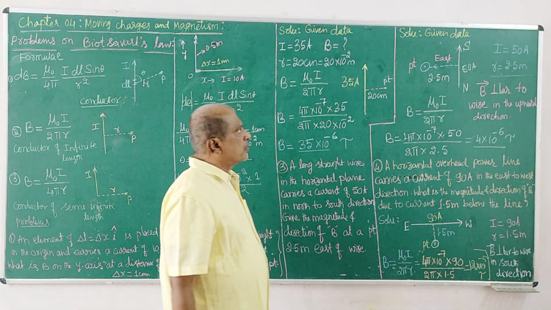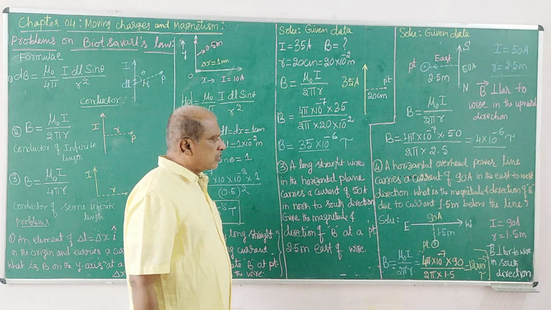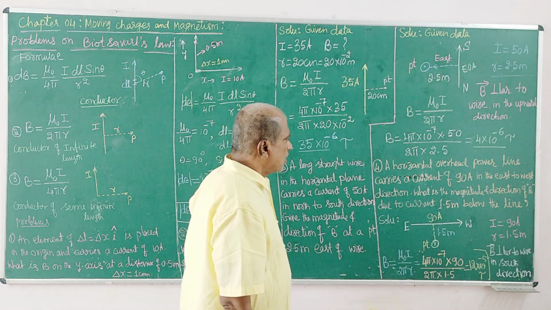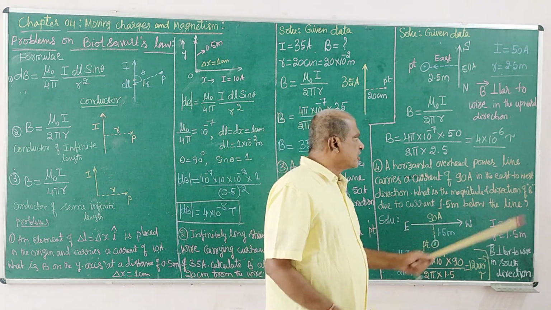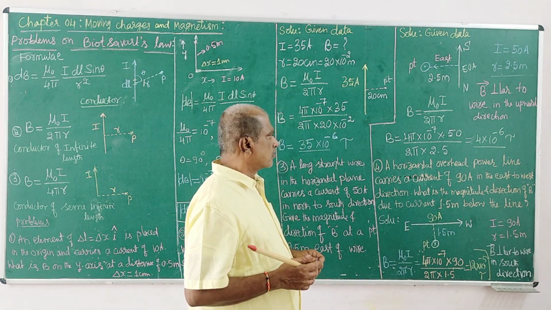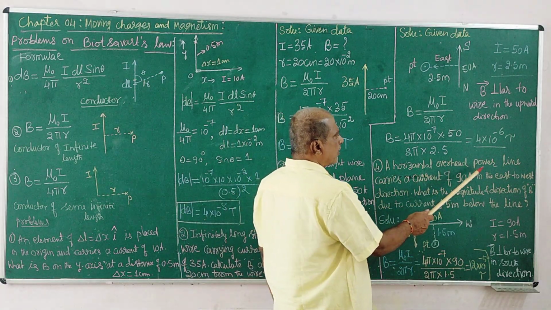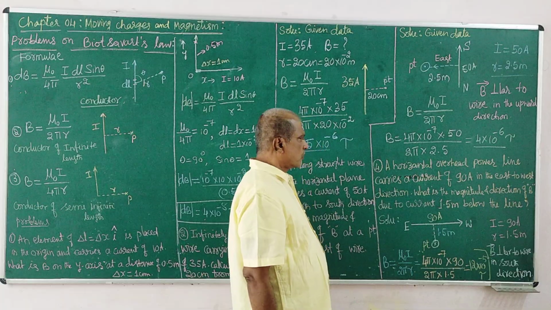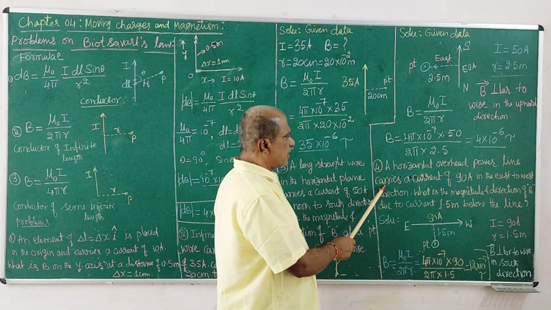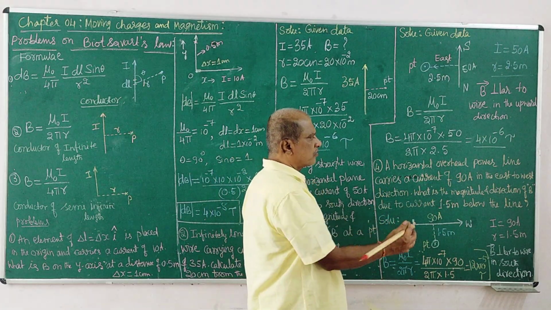And the last problem on the same law. Here a power line is mentioned. A horizontal overhead power line carries a current of 90 ampere.